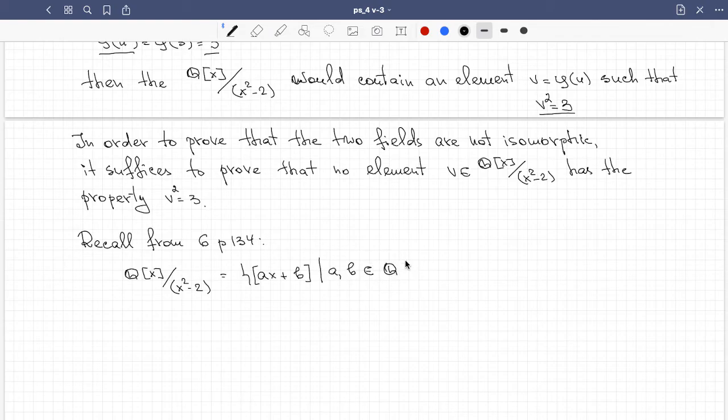Here a and b are rationals, and we know how to multiply two of them: ax plus b multiplied by cx plus d is (bc plus ad)x plus (bd plus 2ac).